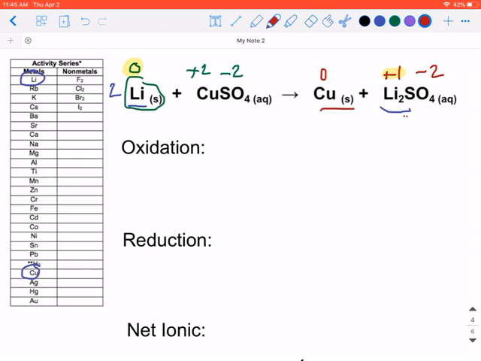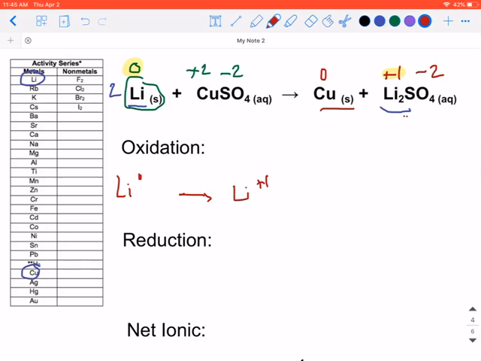So I'm going to focus on lithium for my oxidation. Lithium starts out as a neutral atom, but then it turns into a lithium +1 ion. You can see that as it moves from 0 to +1, that means only 1 electron was lost.